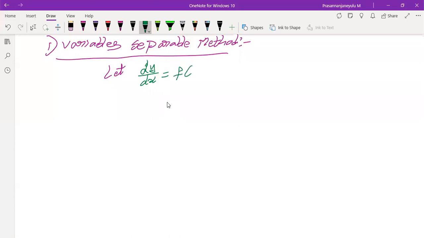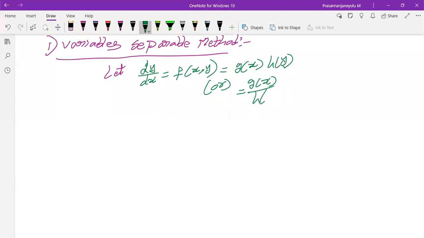Now, how can we write the right hand side part, f of x comma y? f of x comma y may be a function in terms of x into a function in terms of y, yes or no? Or it can be written as a function in terms of x by a function in terms of y.